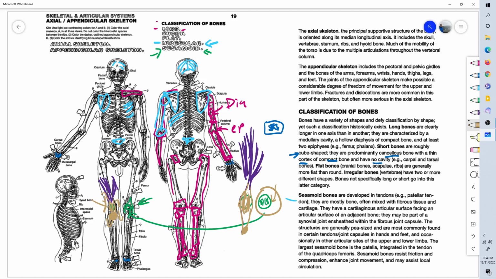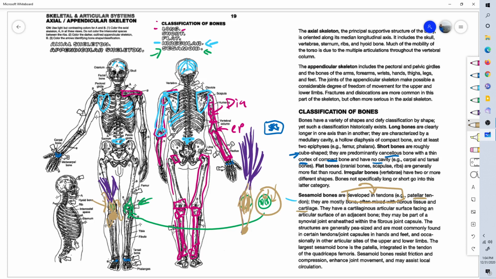And so a sesamoid bone is just, there you go, it developed in tendons, like the patellar tendon, mixed with bone and cartilage. So it's like slippery cartilage on the bottom, and then bone on the top, developed inside the tendon.